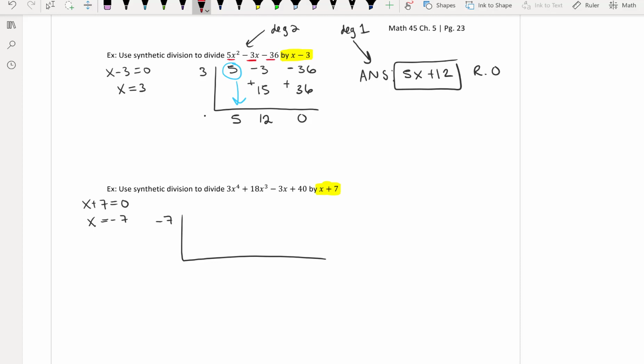Look at your degrees here. This is degree 4, degree 3. Where's your degree 2? It's not there, so you're going to have to rewrite this. I want to make sure that this polynomial is in descending order, and you add a 0 as a placeholder.